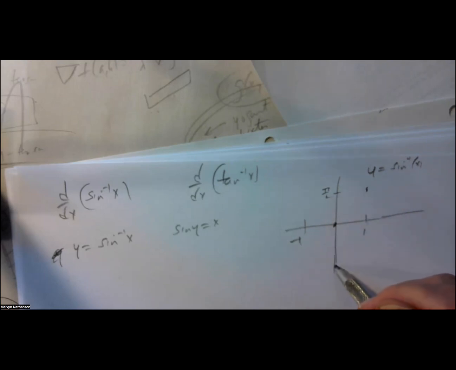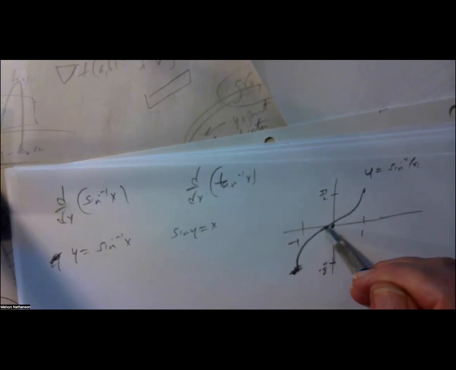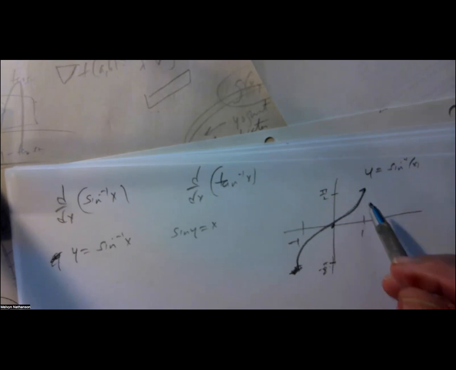What is the angle whose sine is -1? Minus pi over 2. And the graph of the inverse sine of x is defined for x between -1 and +1. That's the graph of the inverse sine function.